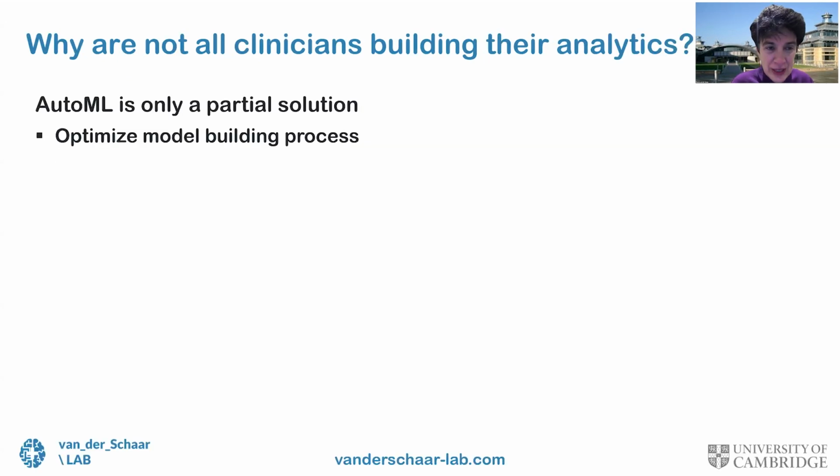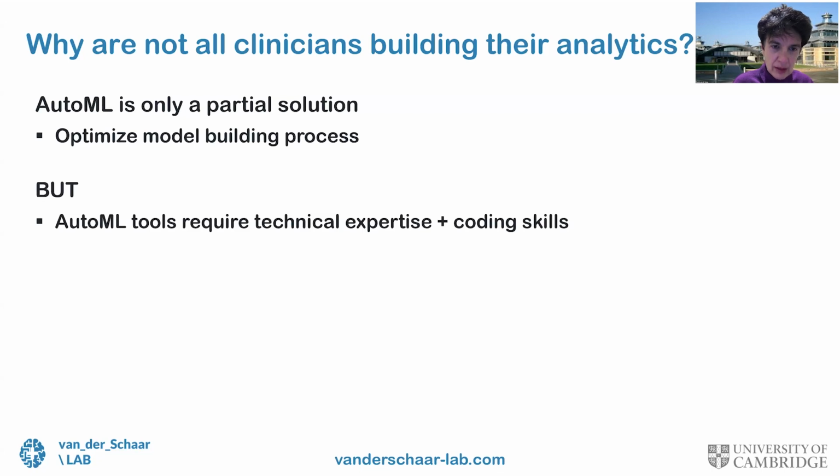And then we started really at the beginning of this year to reflect on why not. And we realized that AutoML is only a partial solution. While it enables optimization of model building, it still required a lot of technical expertise, including becoming familiar with Python, which a few of our revolutionary clinicians who became collaborators started to do.